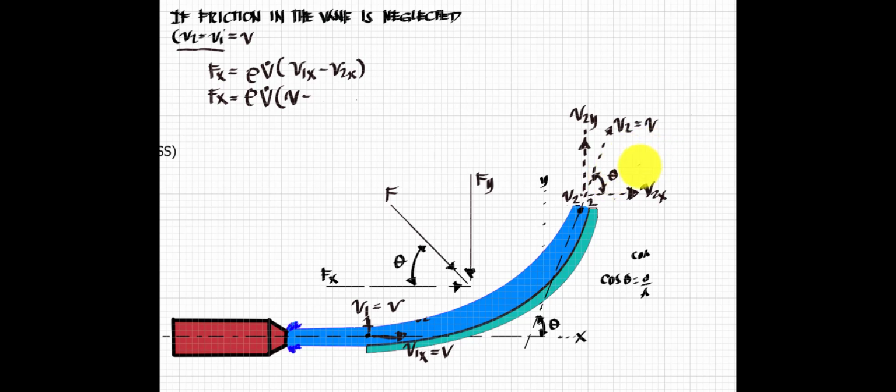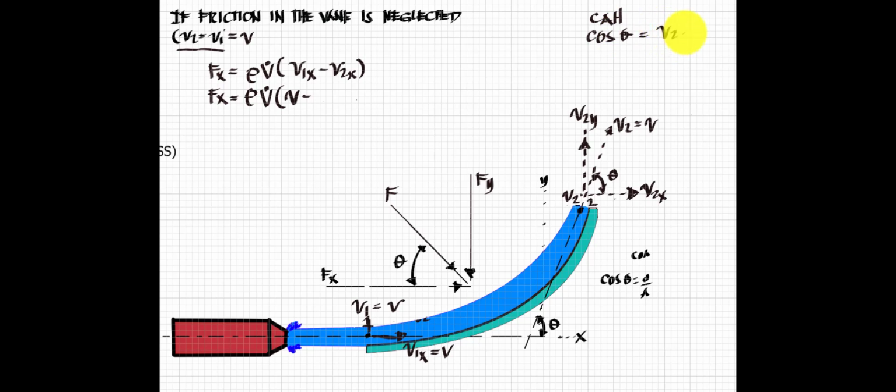We can solve that by means of a trigonometric function, since this is your adjacent and we have here your hypotenuse, so we will be using cosine. We have the adjacent and the hypotenuse, which is given, and the unknown is the velocity 2 at the x component. So cosine of theta is equal to the adjacent.